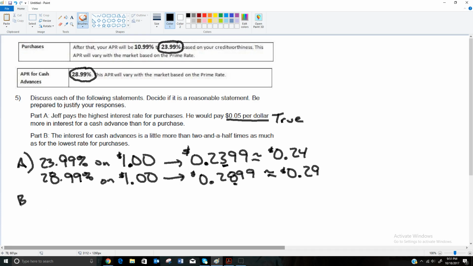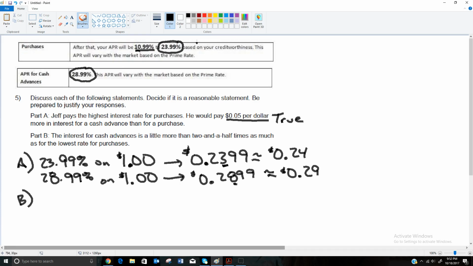For Part B, it says we're supposed to look at the lowest rate for purchases. So now we're going to look at the 10.99% and see how that compares to the cash advances. So if you're getting this lower rate, how much more are you paying for cash advances? And obviously the difference between 10.99 and 28.99 is more than 23.99 to 28.99.